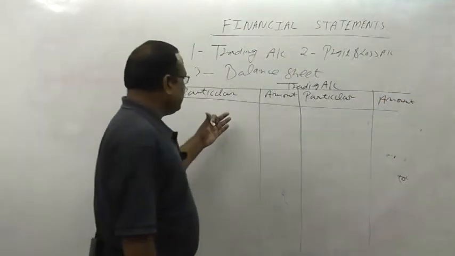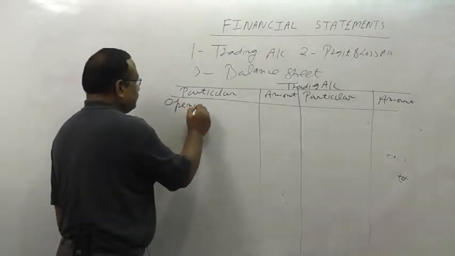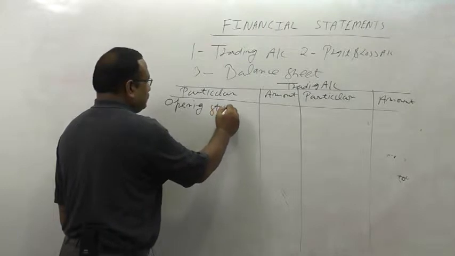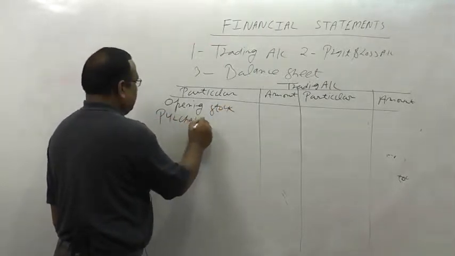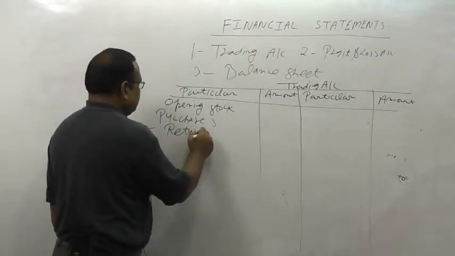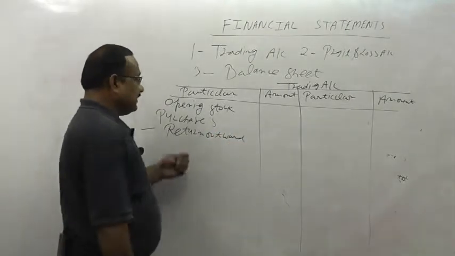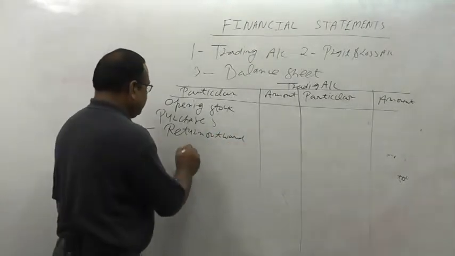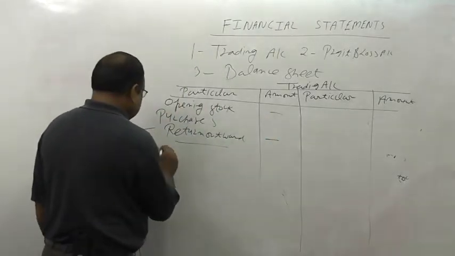We start with opening stock, purchases minus return outward, return outward means here the purchase return, then direct expenses.